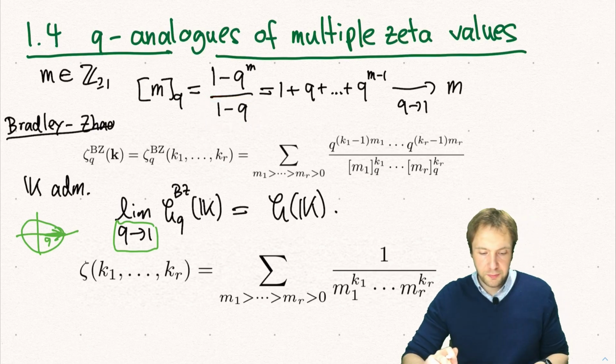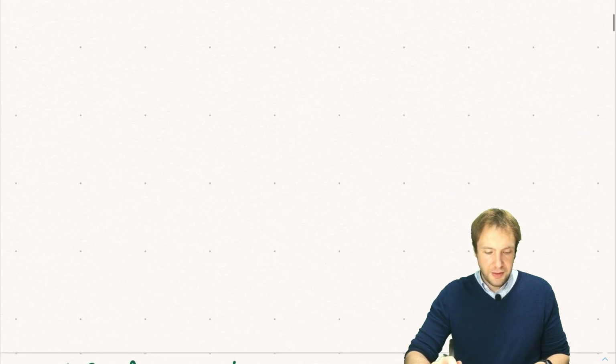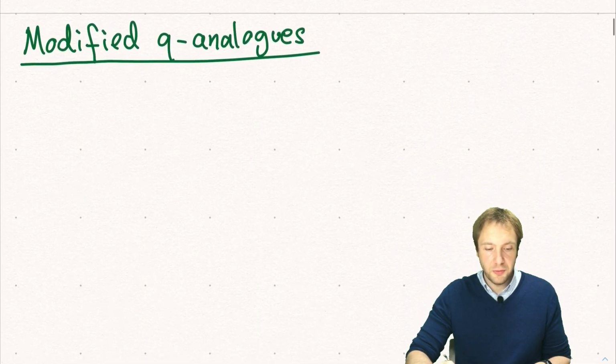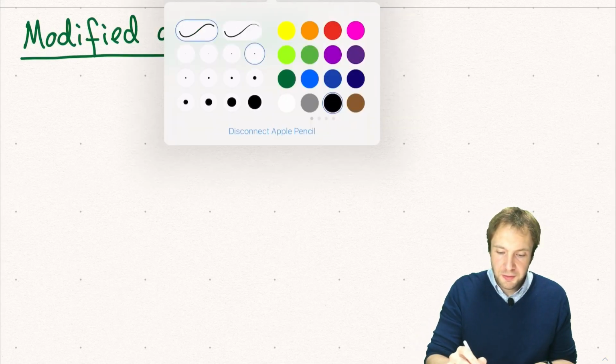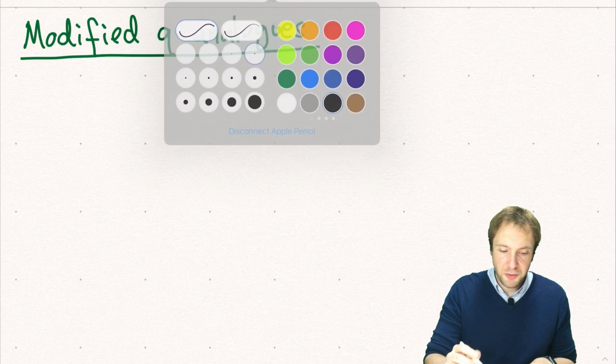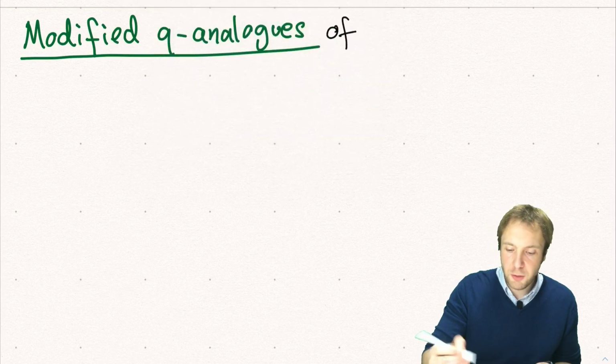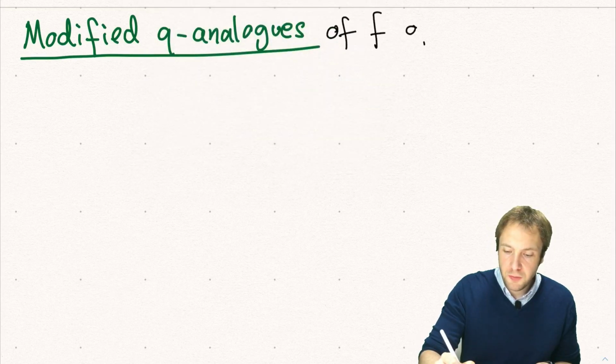And this is what I want to explain now, because this is what I want to call a so-called modified q-analog. And what do I mean by this? So let's say a modified q-analog of some object f of weight k.